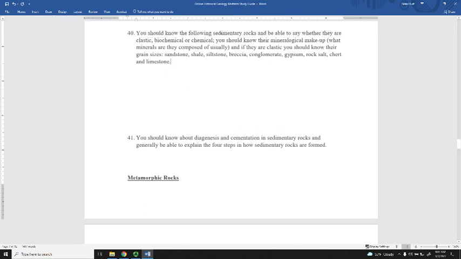Okay, so first of all, I'm going to split this up into clastic, biochemical, chemical, and organic. Okay, those are the different classes. Now, the clastic sedimentary rocks, remember that clastic sedimentary rocks are organized by their grain size. So I'm going to start off with the smallest grain size and go to the largest. So the smallest grain size is shale.